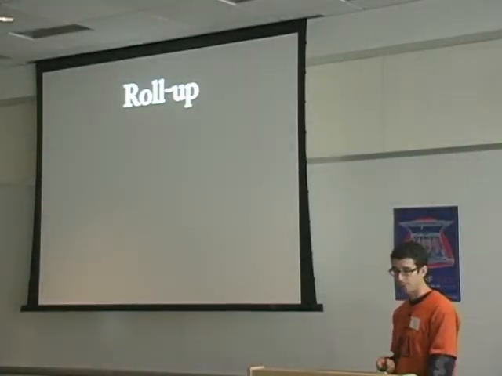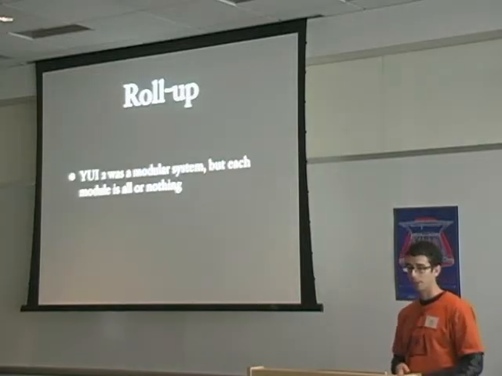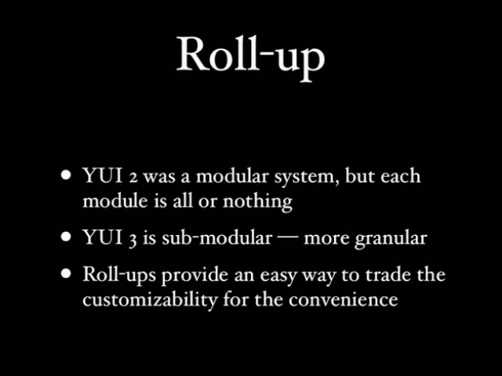So YUI 2 was a modular system, but basically each module in YUI 2, like I talked about with data source, is either all or nothing. So if you want data source, you get all of data source. There's no way to just pick and choose based on a feature set. In YUI 3, it's much more submodular.